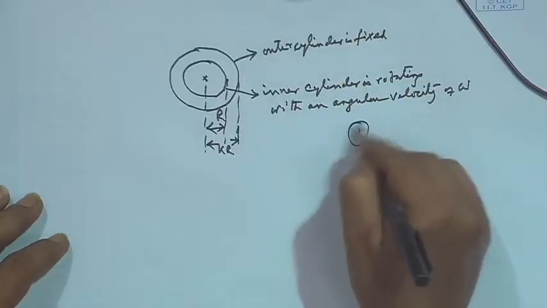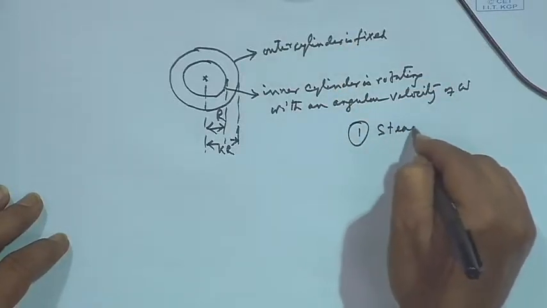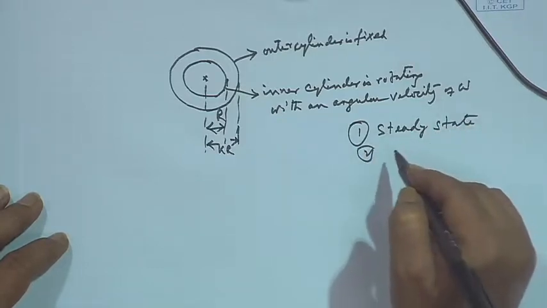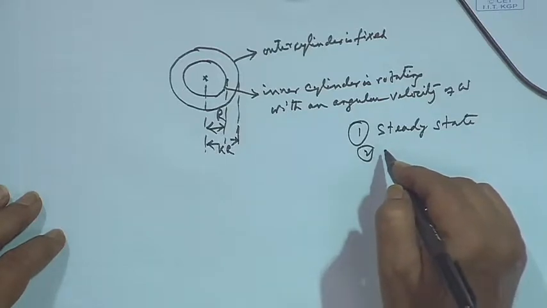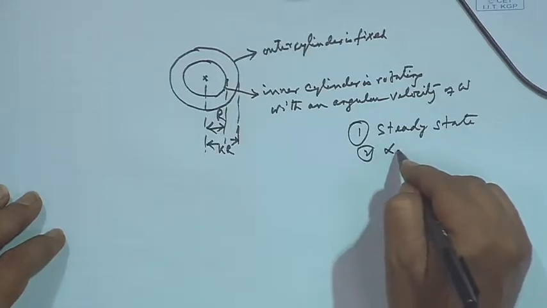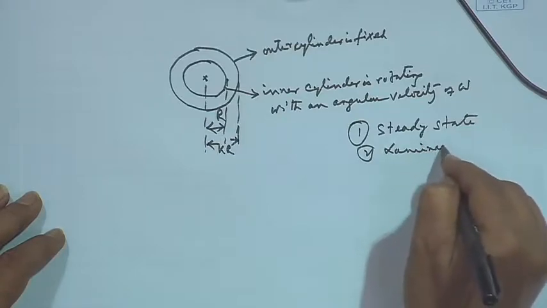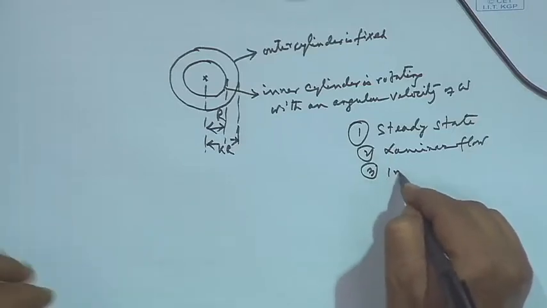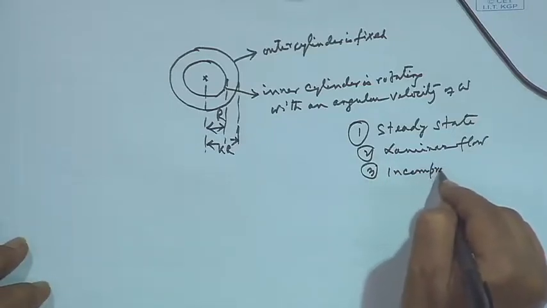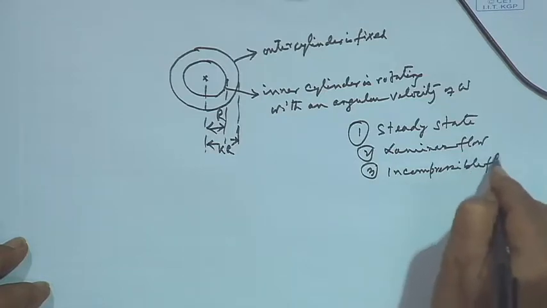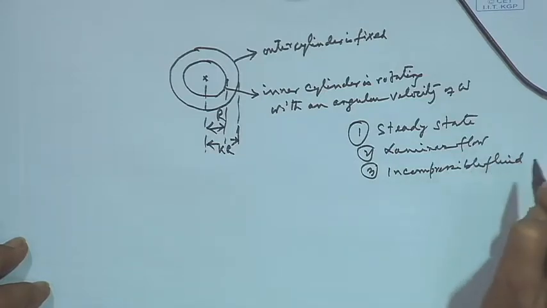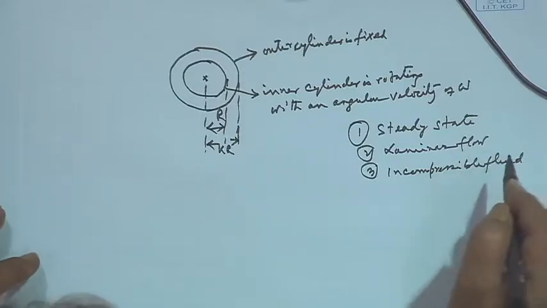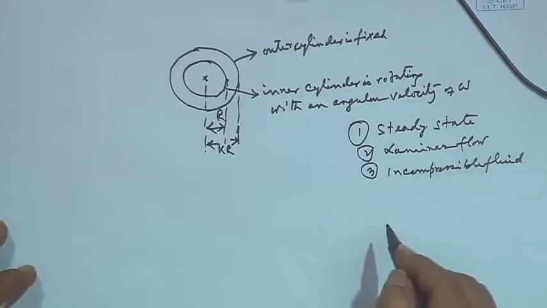Here also we have number 1, steady state, number 2, laminar flow, number 3, incompressible fluid. And of course, others like the flow is fully developed, there is no end effect, all these are also there.